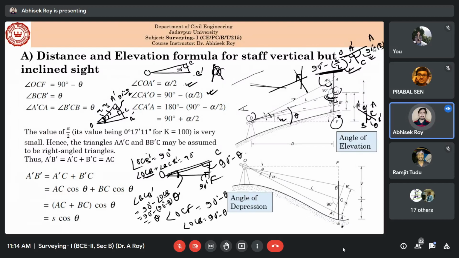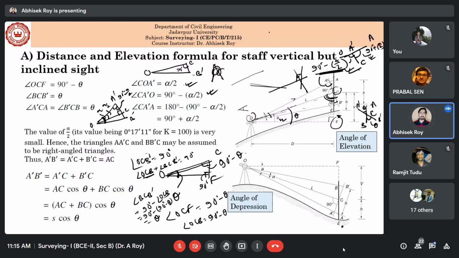But if you remember, we always try to make k as 100, although k will not be exactly equal to 100. To make k equal to 100, we specified that alpha should be 0 degree 34 minute 22 second. Hence alpha by 2 will be 0 degree 17 minute 11 second. So the value of alpha by 2 is very small.